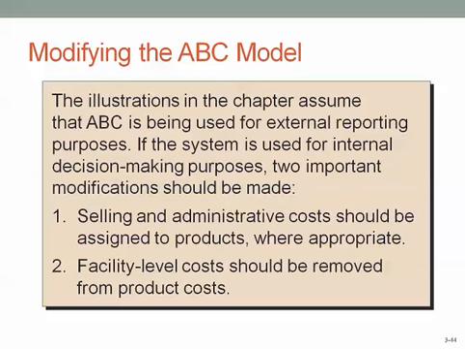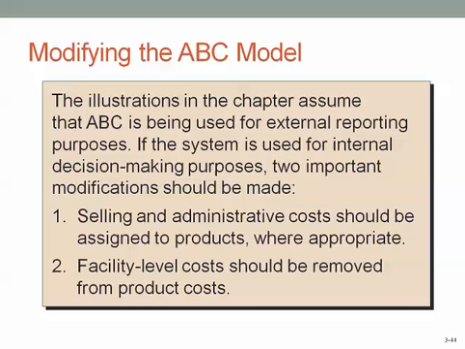The illustrations we've looked at in this chapter assume that our activity-based costing system is being used for external financial reporting purposes. If our activity-based costing system is being used only for internal decision-making purposes, we may want to make 2 important modifications.